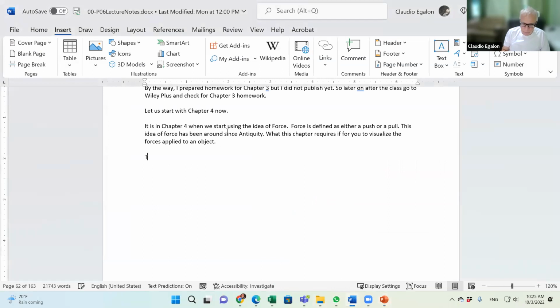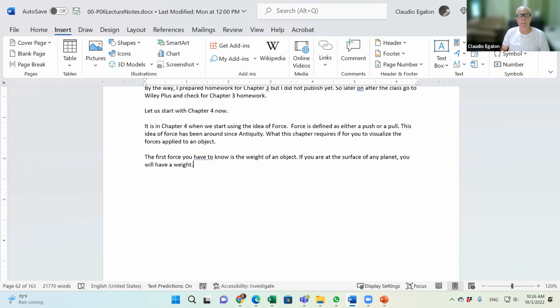Therefore, the first force you have to know is the weight of an object. If you are at the surface of any planet, you will have a weight.